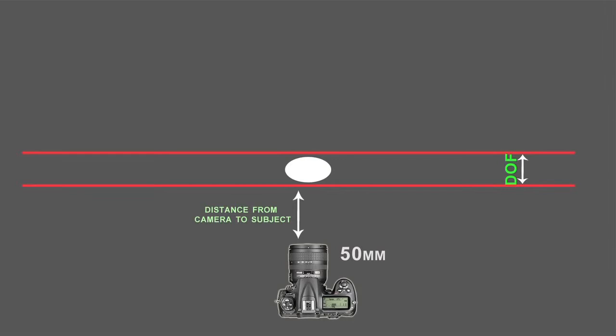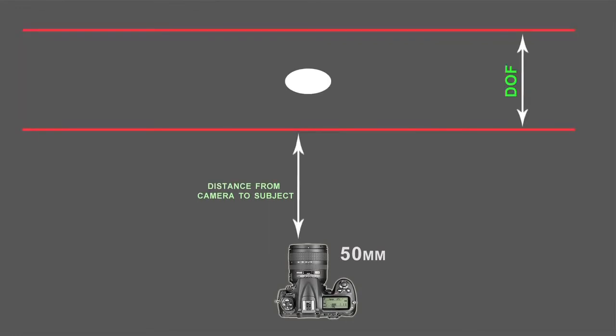The only thing we will change is the distance from the camera to the subject. So, with a short distance from the camera to the subject, you will get a shorter depth of field. And the bigger the distance from the camera to the subject, the bigger the depth of field becomes.